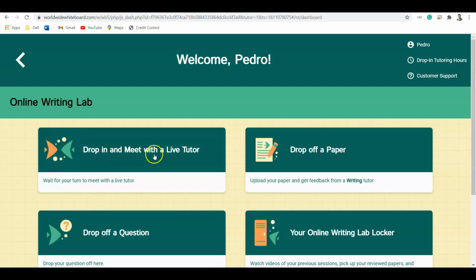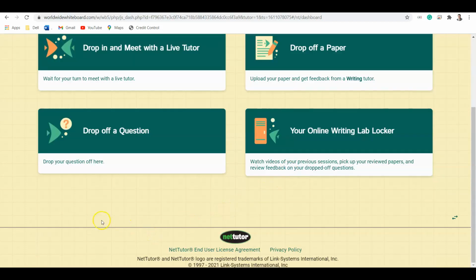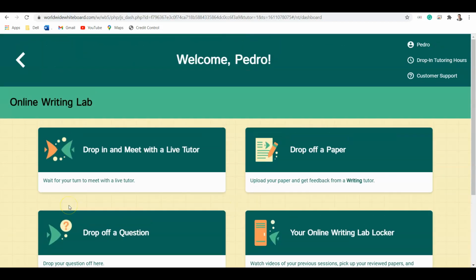You see here, I'm not sure if the same tutors are in both, but this is a service provided free to you that the university is paying for, so it may be worth your while.